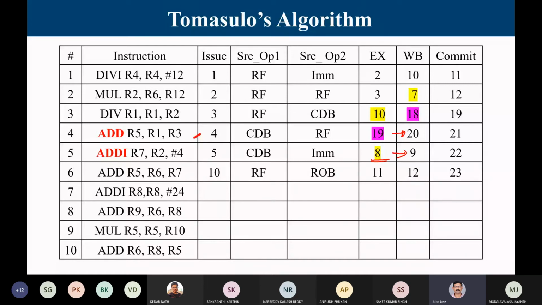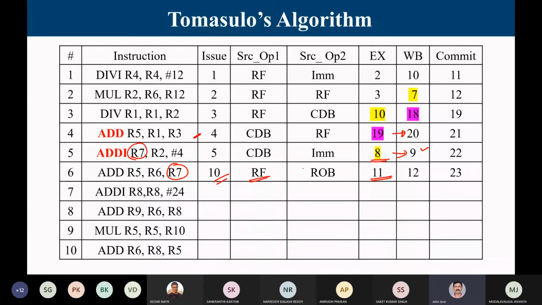And then what? Is there any dependency? There is a dependency on R7. But the R7 value I'll get from 9. So looking at this case, if I issue at 10, then I can start EX at 11, because when I issue at 10, the first operand R6 is in the register file.